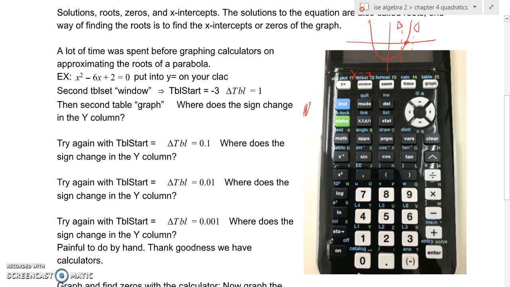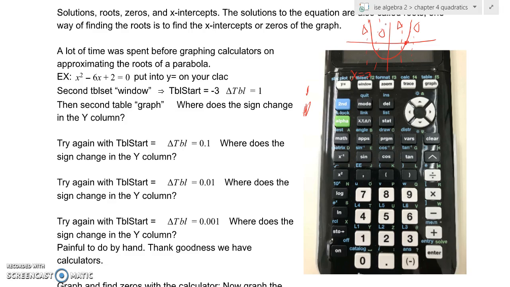There are 2 x-intercepts though. We have another x-intercept over here. So we have to do it again. We have to set a left bound on the left and a right bound on the right. If your arrows aren't pointing in towards each other, it won't do anything for you. So make sure your arrows point in towards each other.